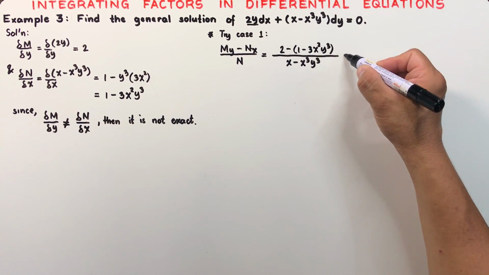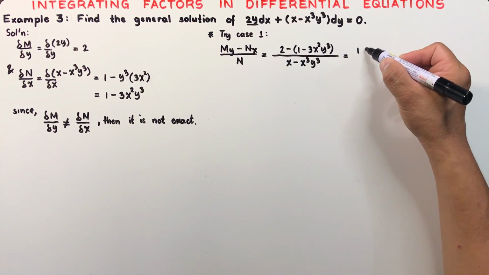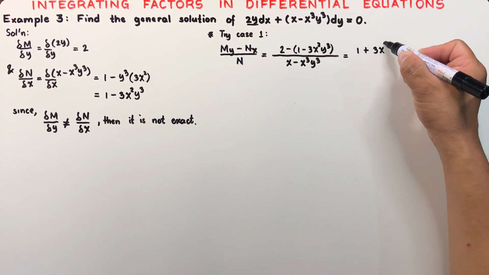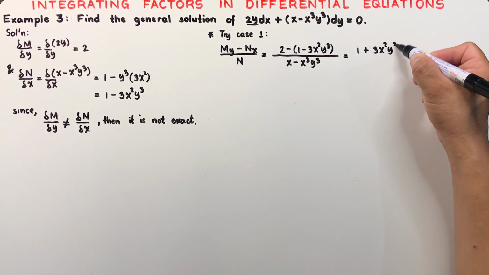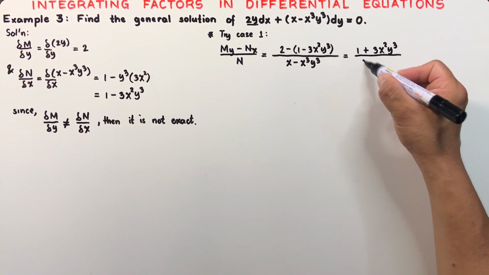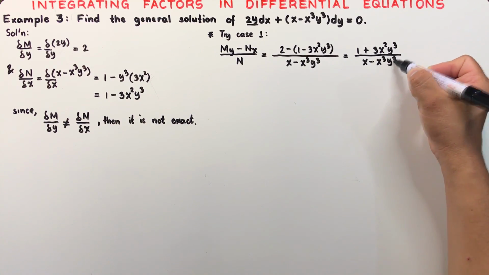Simplifying this one, we have 2 minus 1 is 1, and minus of the minus is plus 3x squared y cubed. And this will be divided by our N, which is x minus x cubed y cubed.